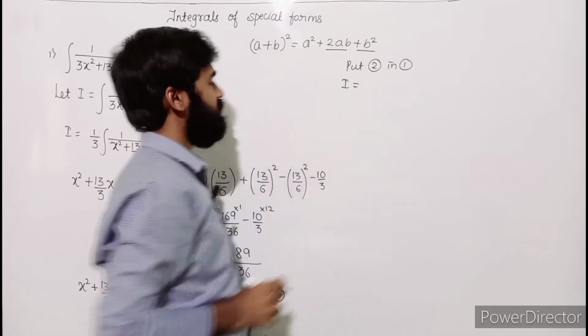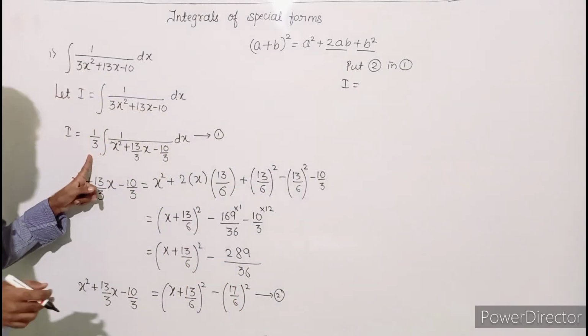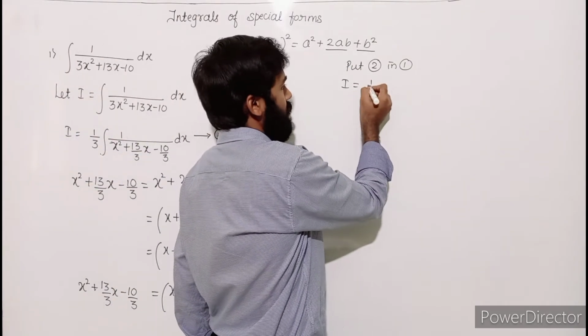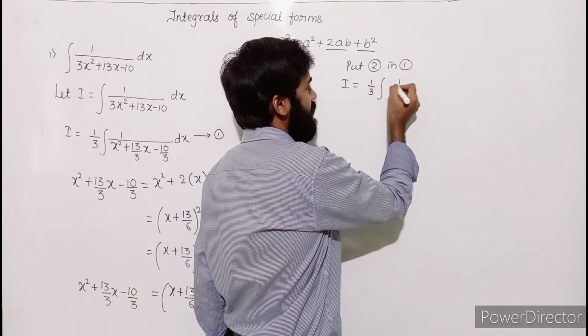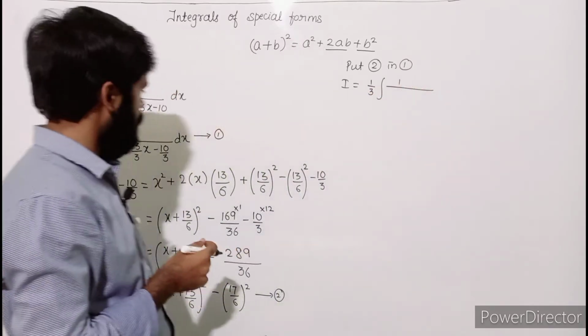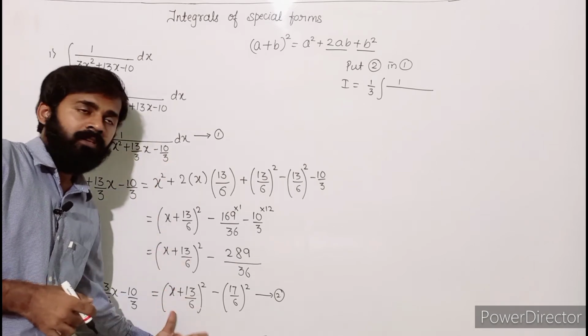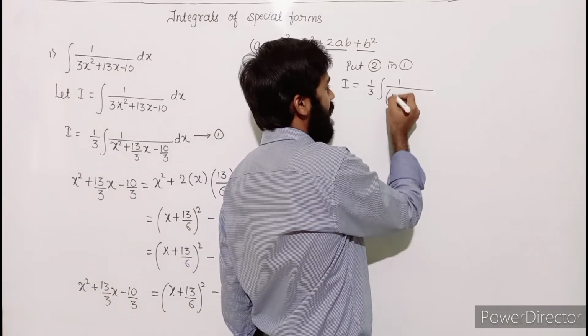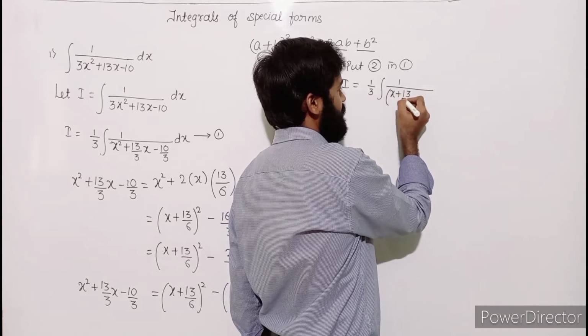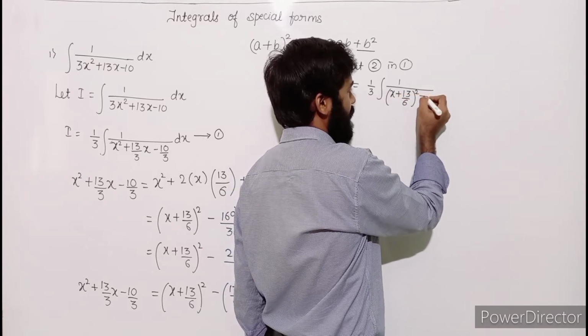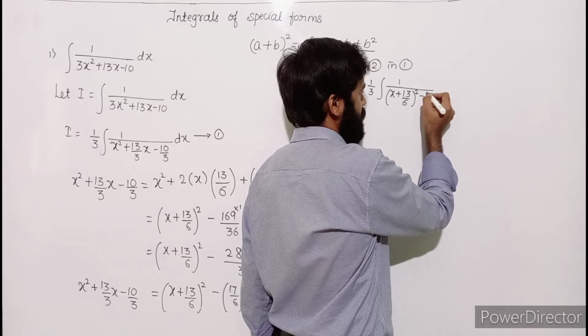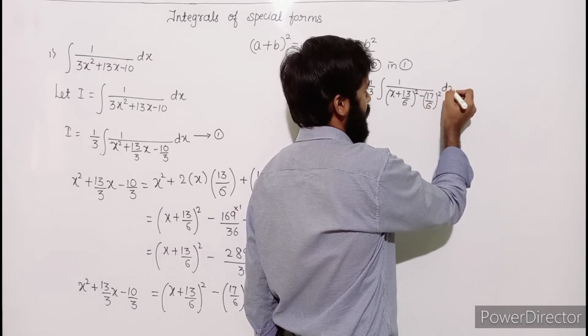I is 1 by 3 outside as it is, and inside integration of 1 divided by, this term I can express like this, x plus 13 by 6 whole square minus 17 by 6 whole square dx.